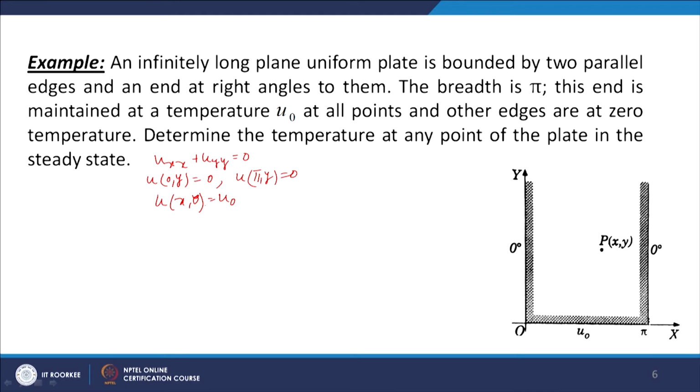And then, when y goes to infinity, u goes to 0. So, the limit of u(x, y) as y goes to infinity is equal to 0. Now, these are the boundary conditions.